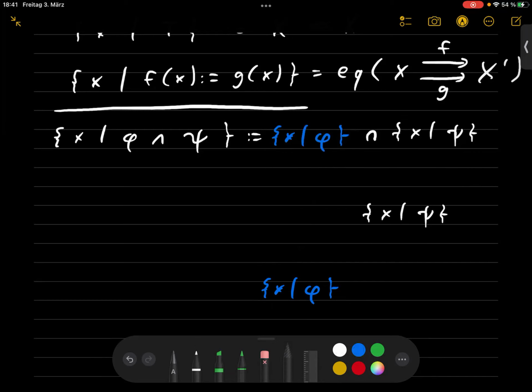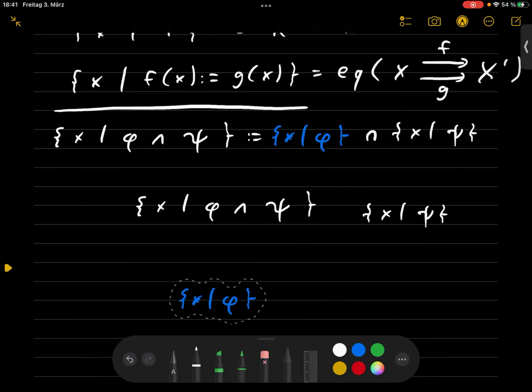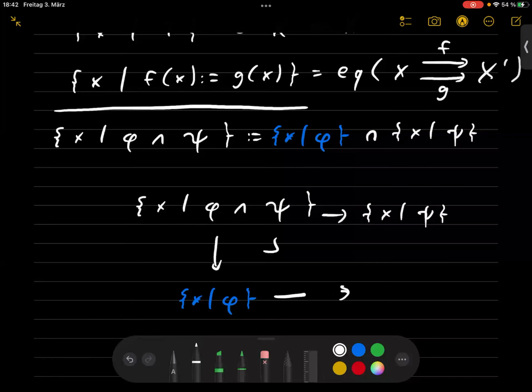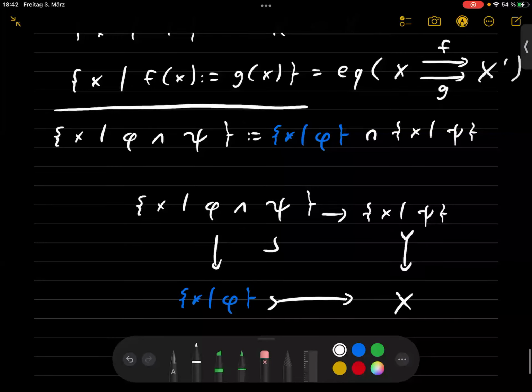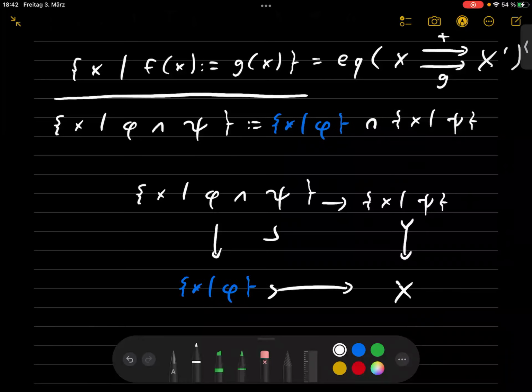And then we have this just as the pullback in this diagram, completing it in the corner to X. And here we have the respective inclusions. Okay, and this is then the interpretation of the intersection.